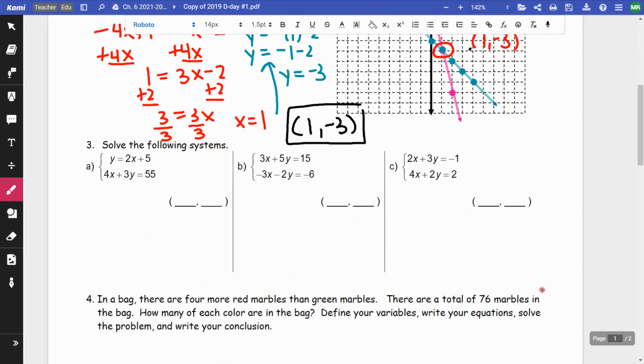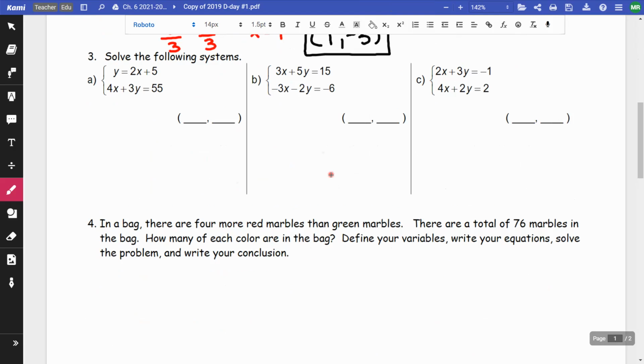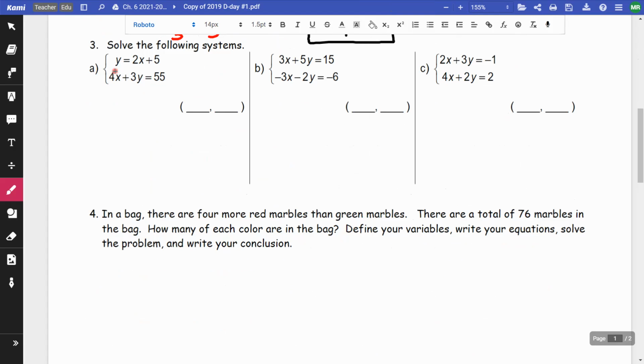Okay, number 3. Solving like we did above, but we're just doing the algebraic. In this case, we have one of them y equal, one of them not. I'm going to use substitution. So I am going to come here and take what y is equal to and put it into y in the second equation.